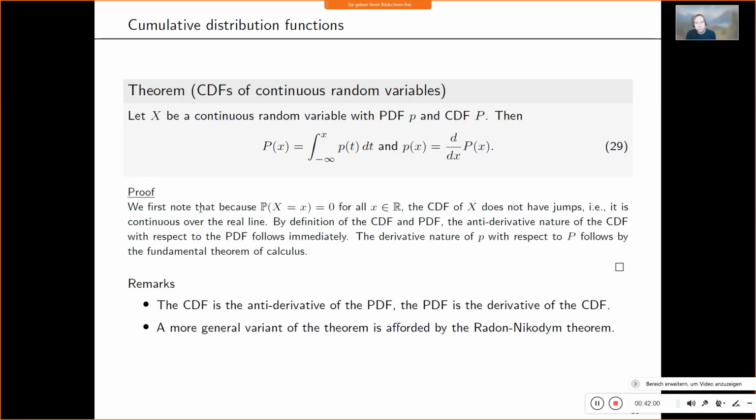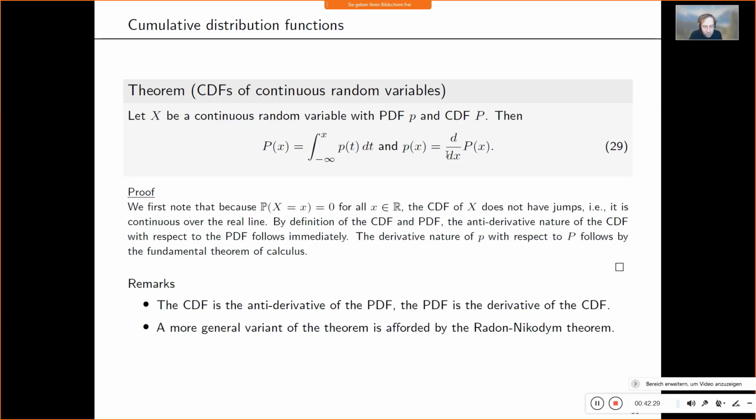Here's a little proof, although it's more saying you know this from calculus. So we first note that the probability for x taking on a specific value is 0, so the CDF doesn't have jumps, it's continuous, and the antiderivative nature of the CDF with respect to the PDF follows from how you get probabilities based on PDFs, and then the derivative nature follows by the fundamental theorem of calculus.